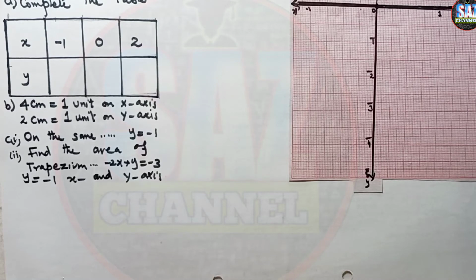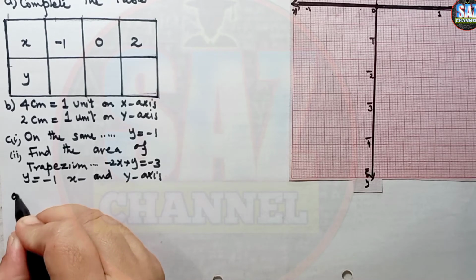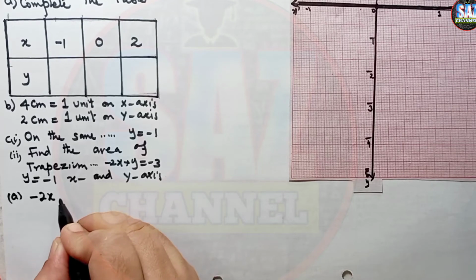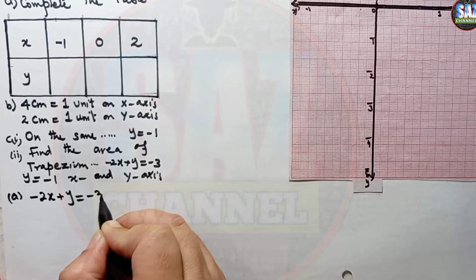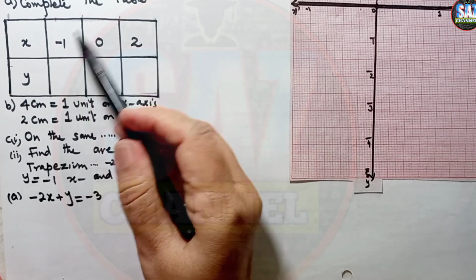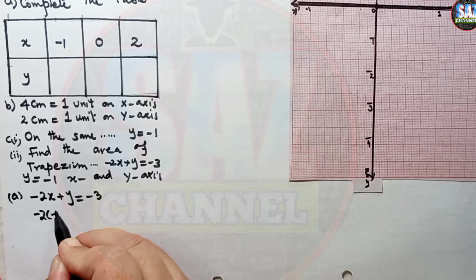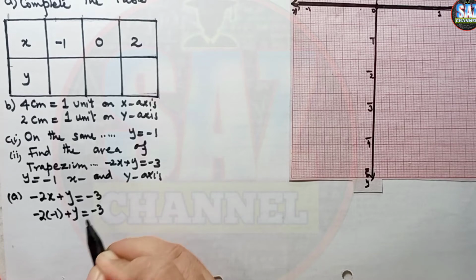For that purpose, I will be taking the given equation minus 2x plus y equals minus 3 and replacing x equals minus 1 in the given equation. Minus 2 into minus 1 plus y equals minus 3.